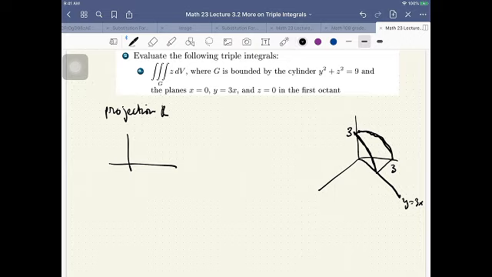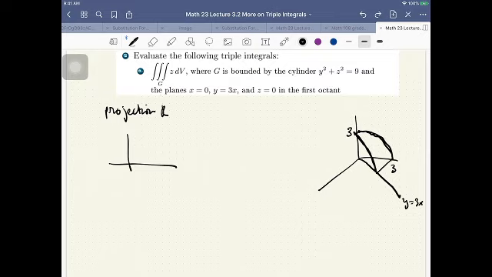Sorry, this should be a YZ plane, right? No, no, sorry, this is an XY plane because we're treating this as a solid of type XY. You can also treat this as a solid of type YZ, and I was thinking of that one, but we want it to be a solid of type XY because that's the more natural thing to do. You want to project to the ground, right?